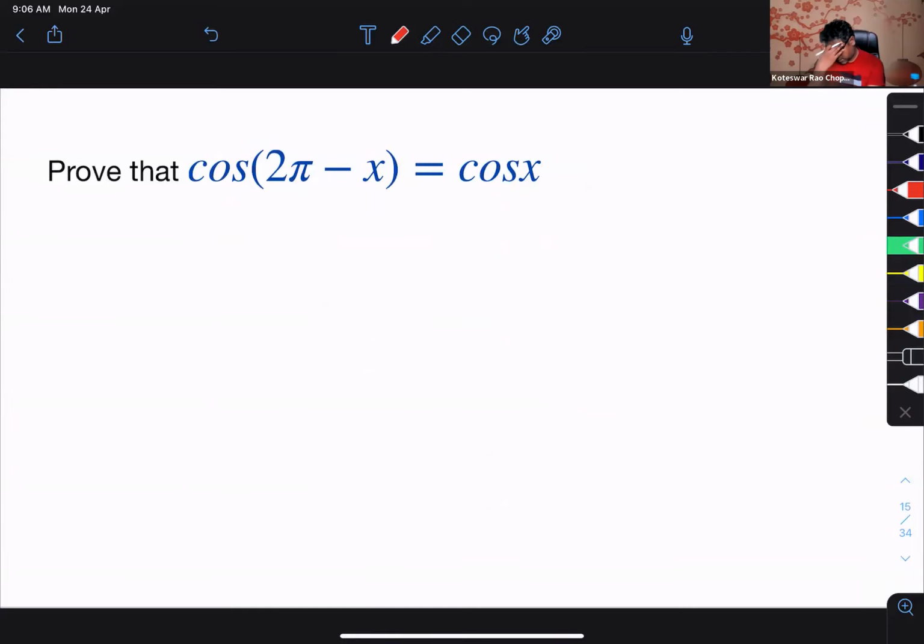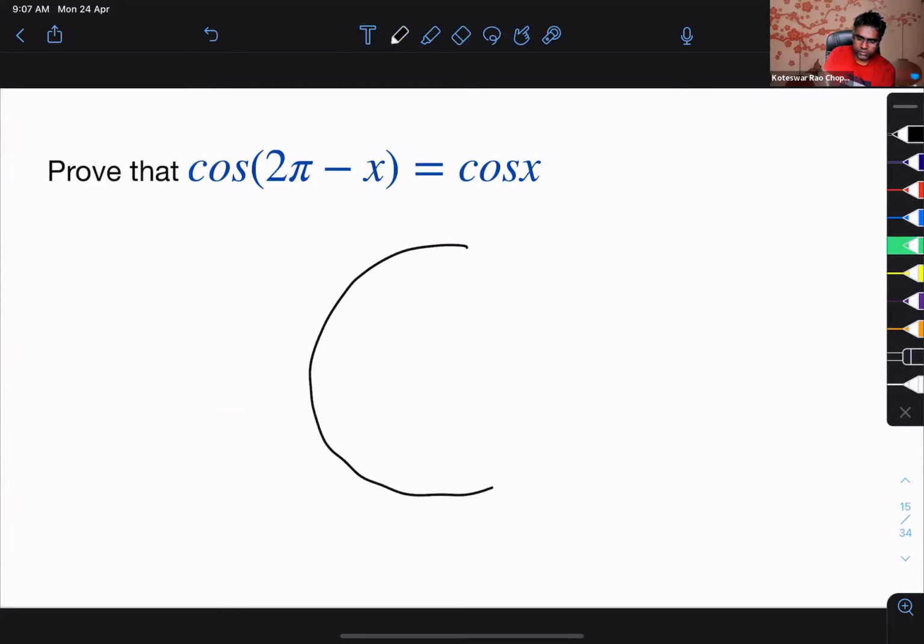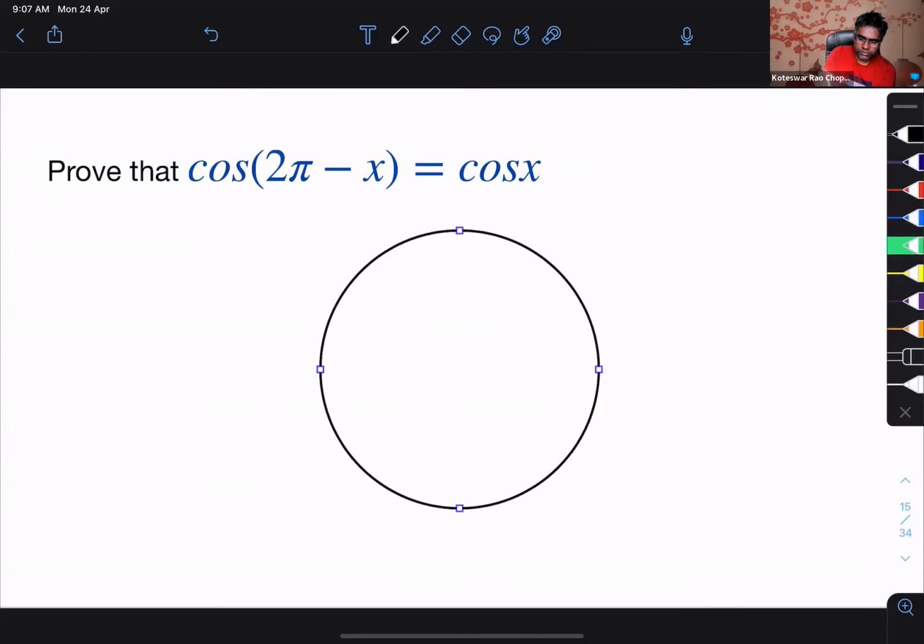Again, this also should be easily understood. We have all these three options, but I think I'll go with the unit circle. So if you look at the unit circle, I think that's kind of an ellipse, but that is okay.